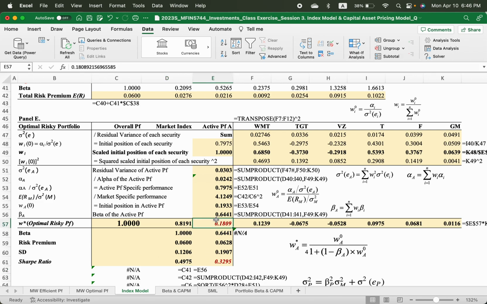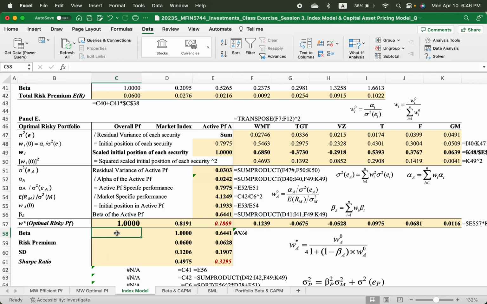That's why we only include 18% of the total weight. But anyway, by including this active portfolio, we can also maximize the Sharpe ratio, right? That's how this index model works.